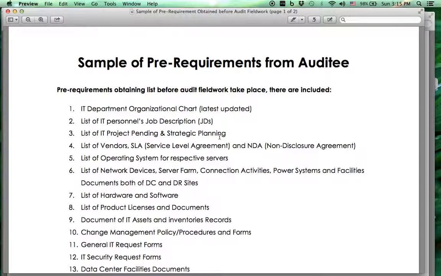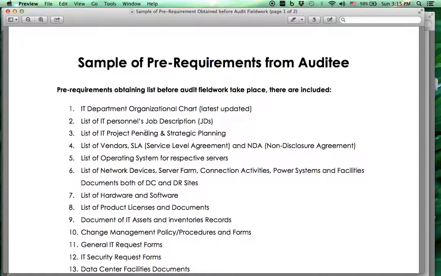So you will engage the project manager to obtain the IT project pending: what is pending, what is the root cause, and how to mitigate the risk during the project pending. Project pending can refer to a timeline overrun. Project pending can also refer to a new direction from senior management to pause a project based on priority.